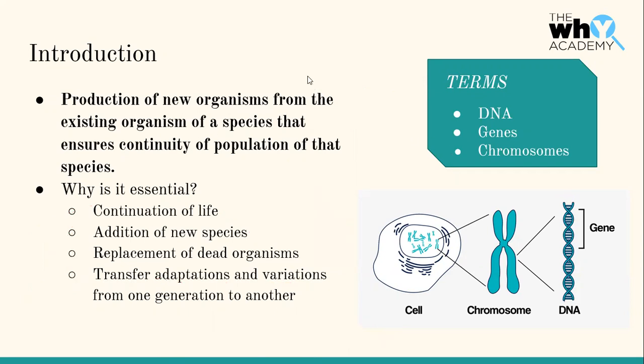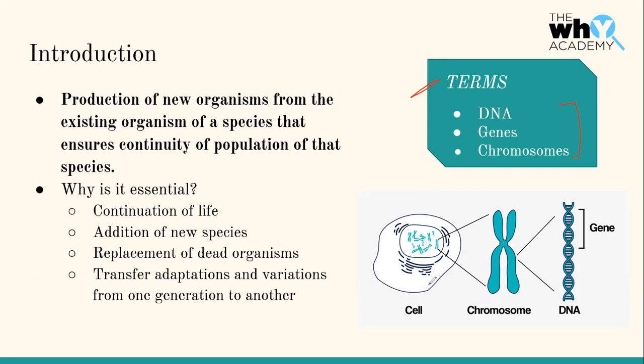One more thing I wanted to tell you before we started the chapter was these terms. These three terms become very important when you do this chapter and heredity. If you are confused between DNA, genes and chromosomes, understanding them when they are used in sentences and explanations becomes difficult.